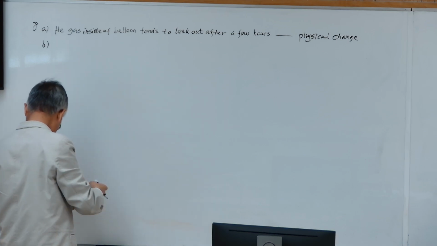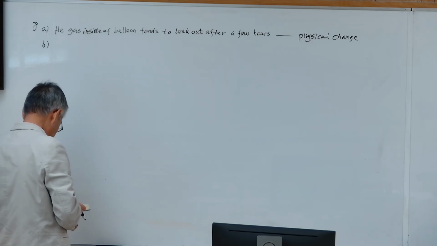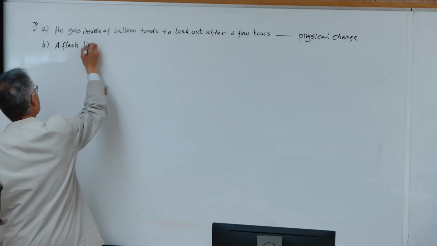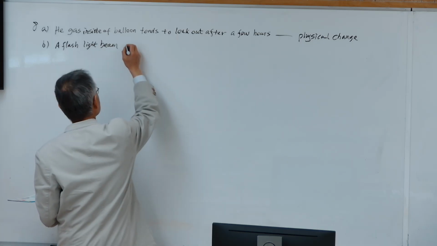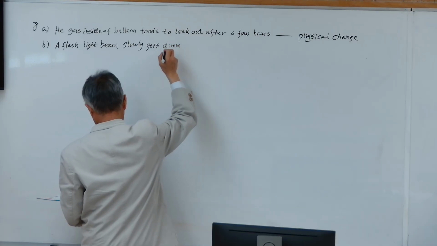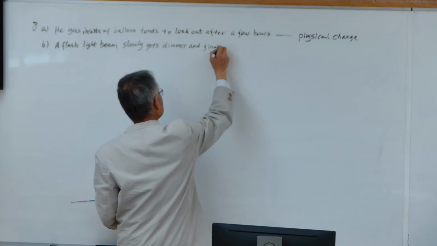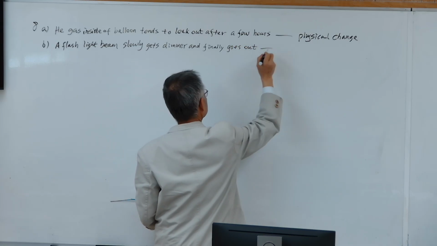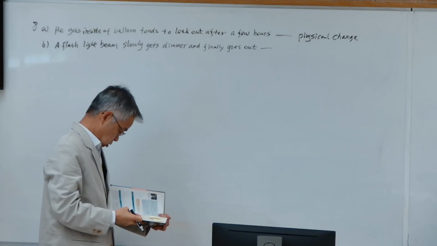B: A flashlight beam slowly gets dimmer and finally goes out.